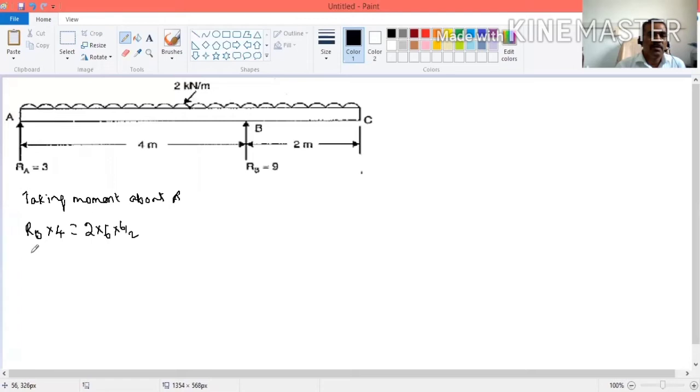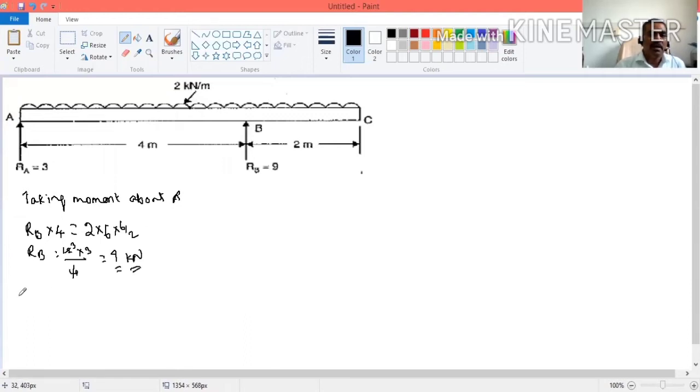So what is the value of RB? RB is equal to 6 into 2, 12, 12 into 3 divided by 4, which is 3 into 3, 9. So RB is equal to 9 kilonewton.